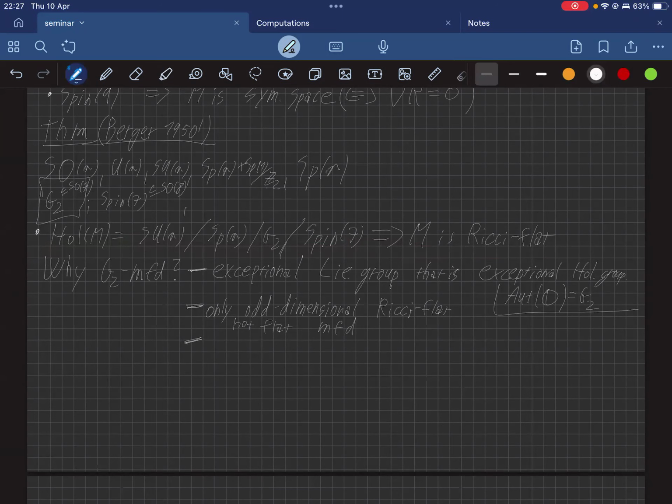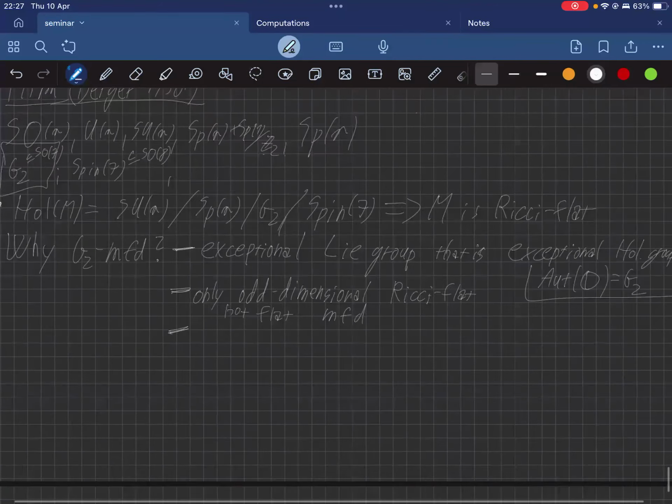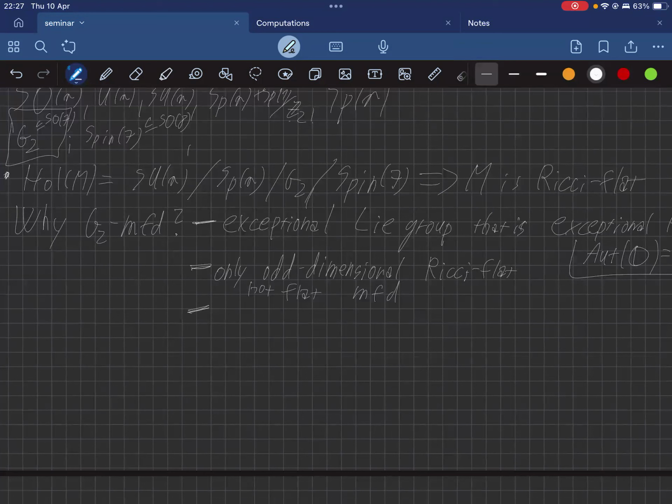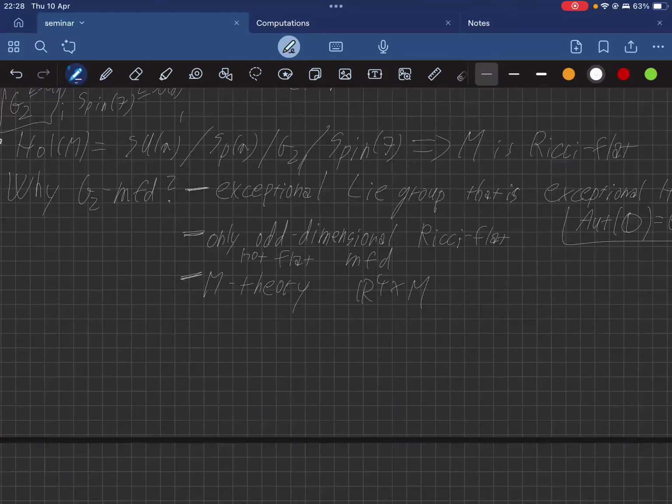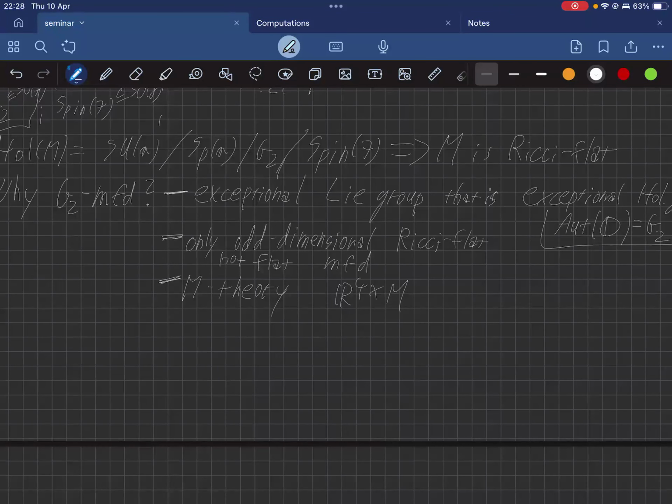And I guess a third motivation, which I want to mention at the end, since this is a mathematical physics seminar, and of course I know the least about this one. So in M theory, you have, let's say, 4-dimensional space-time crossed with some 7-dimensional manifold, and you want M, the 7-dimensional part, to be some compactified manifold that has a parallel spinor, right?